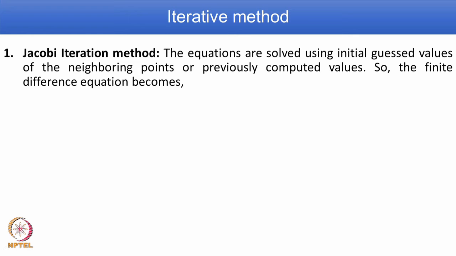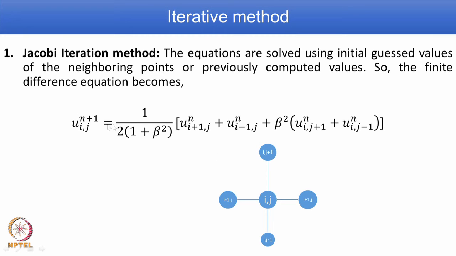We will explain different iterative procedures for that matrix and that example problem. First one is the Jacobi iteration method. In this, the equations are solved using initial guessed values of the neighboring points or from previously computed values. So, that finite difference equation becomes as shown here, the node of interest, that is u i comma j, current iteration value superscript is n plus 1.